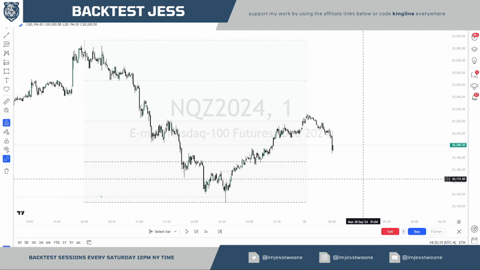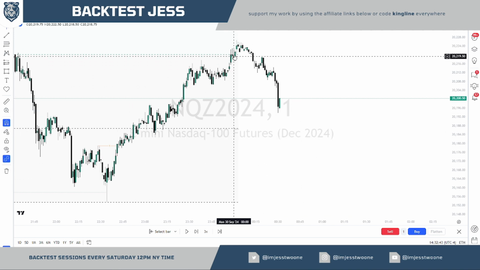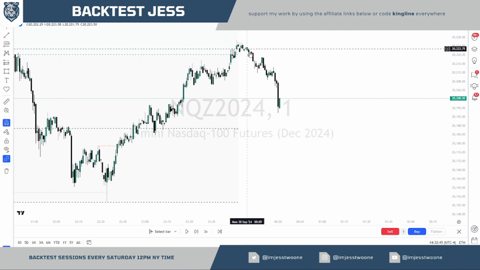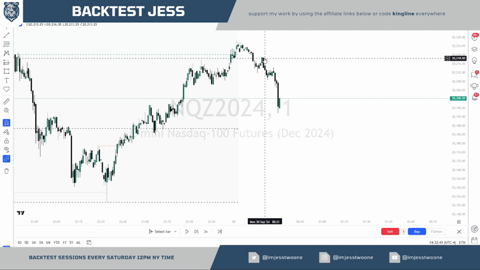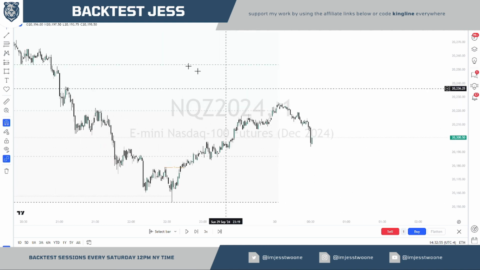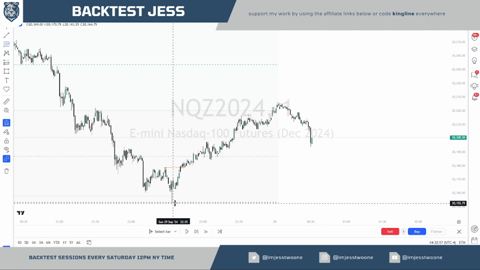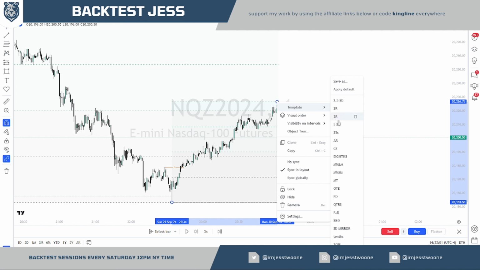And what does it do in this instance? It gets into equilibrium, it gets into premium, and it actually breaks structure lower. It respects fair value and displaces lower again. So are we just retracing into equilibrium of this leg?